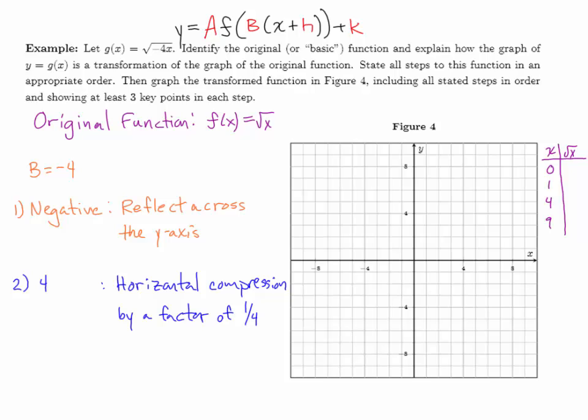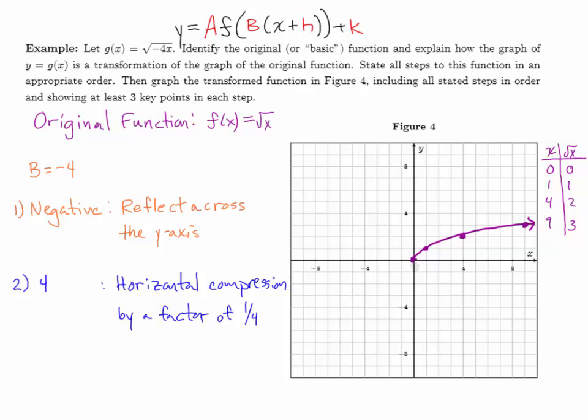The output at 0 will be 0, at 1 it'll be 1, at 4 it'll be 2, and at 9 it'll be 3. So I can plot these points: 0, 0, 1, 1, 4, 2, and then 9, 3. And then I'll connect these, and that'll be my original function.